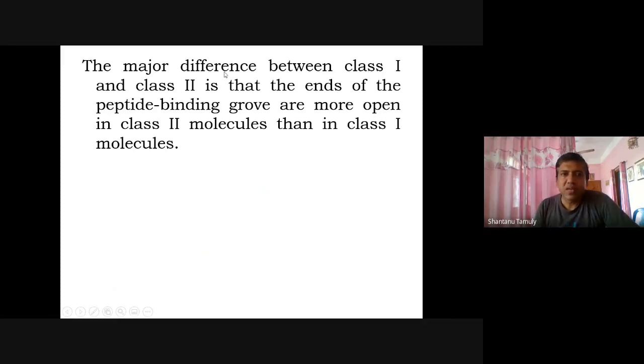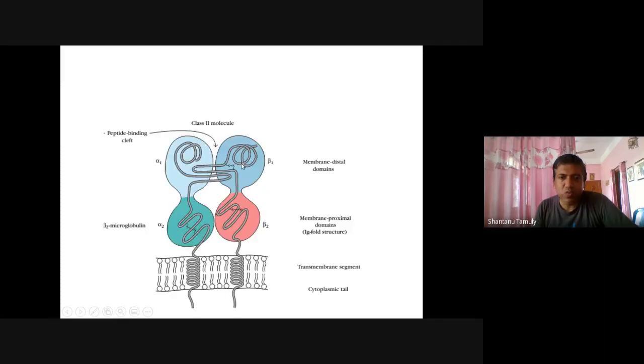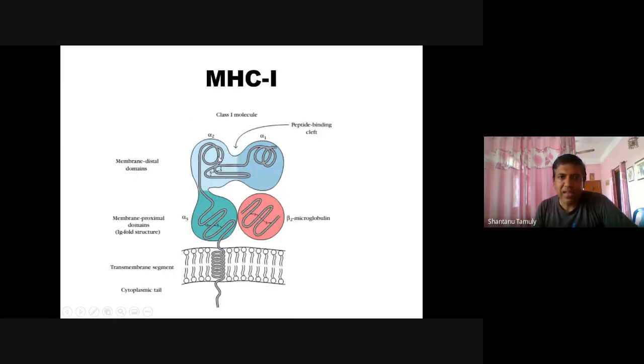Now, the major difference between class 1 and class 2 is that the ends of the peptide binding groove are more open in class 2 molecules than in class 1. If you see here, this particular peptide binding cleft is made by two different proteins, so the size is bigger. And in class 1, it is made by the same protein, so the cleft size is smaller.